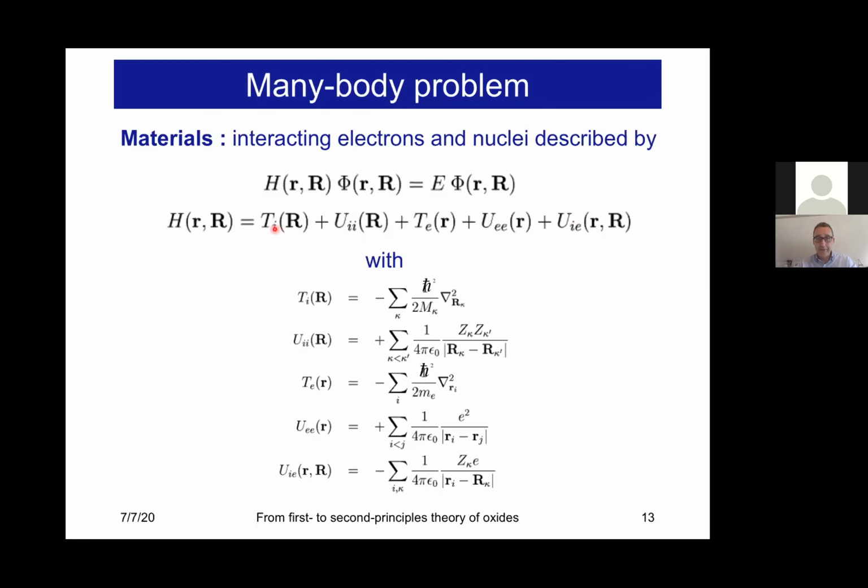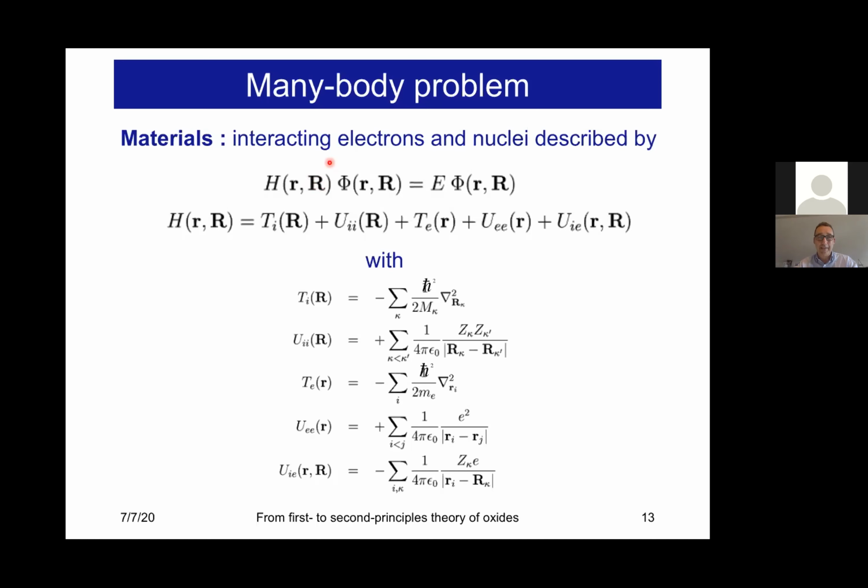So basically, the kinetic energies are defined through the usual operators, and the interactions between these particles are electrostatic energies. In my convention here, I will refer to the position of the electron as a small r and the position of the ions or the nuclei as a capital R. And this bold notation means that I consider all the coordinates of all the electrons and all the nuclei together.